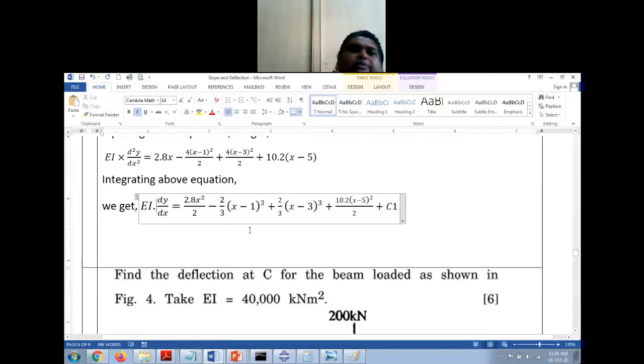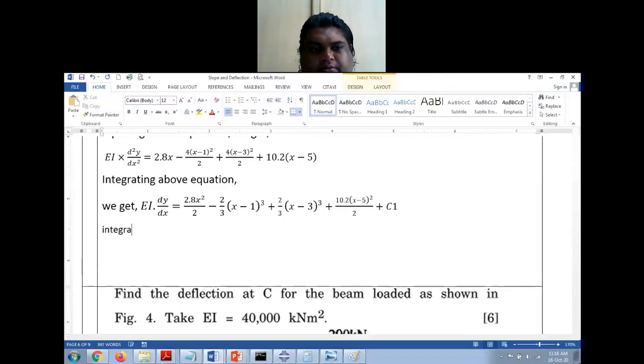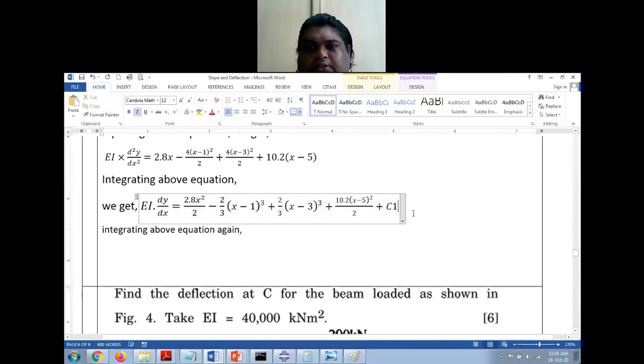Now what I have to do, I have to integrate this once again. So I'll call this equation as 1. Now integrate this equation again.